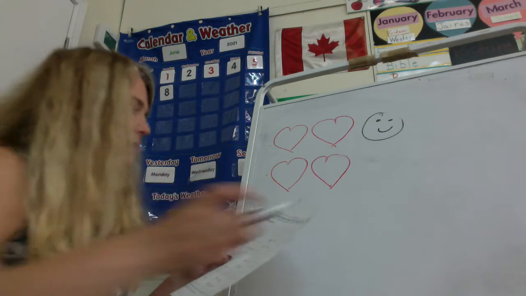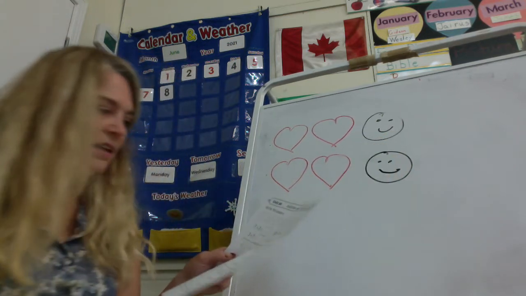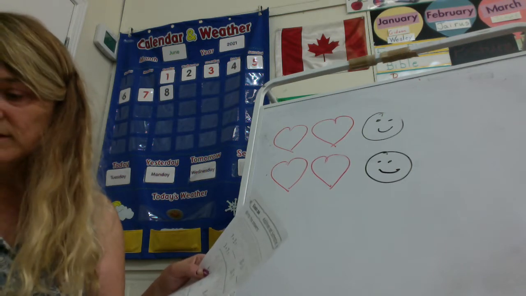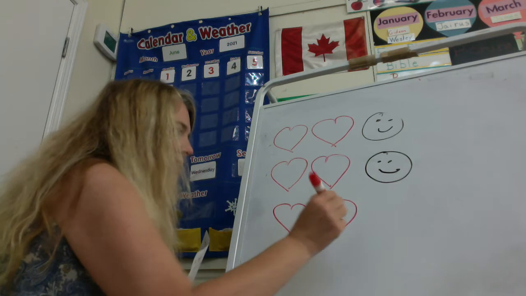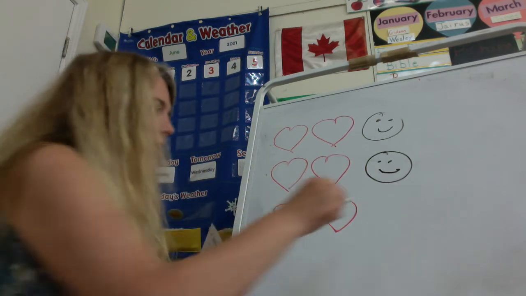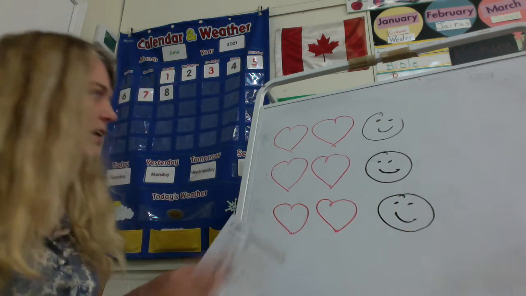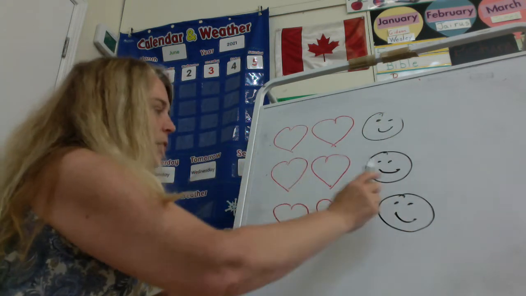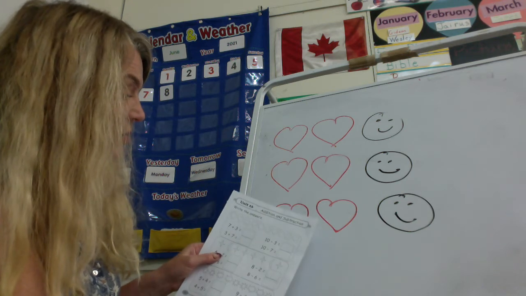And a happy face. And 2 more hearts. And what do you think will come next? This is a pattern, isn't it? And a happy face. When we have something repeating over and over again, what do we call it? A pattern. 2 hearts, a happy face. But then it ends up with only 1 heart.